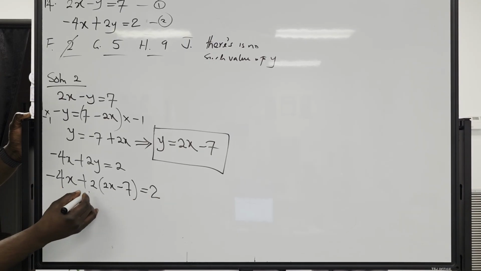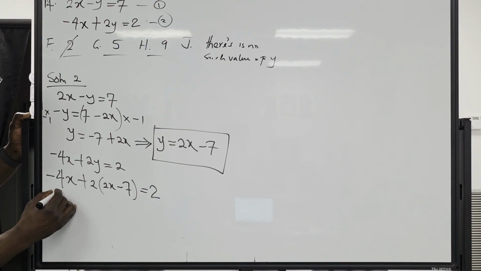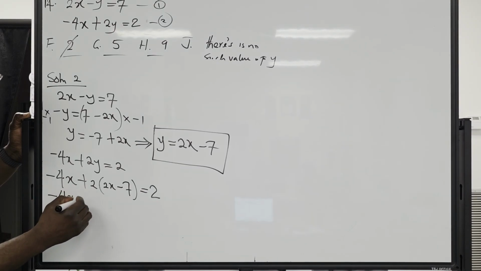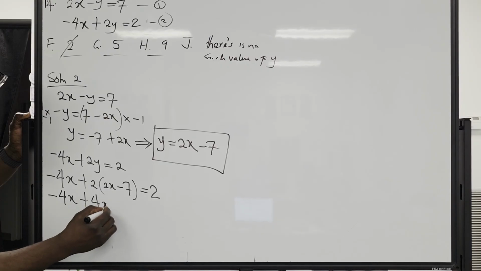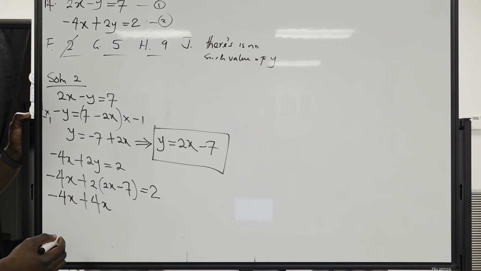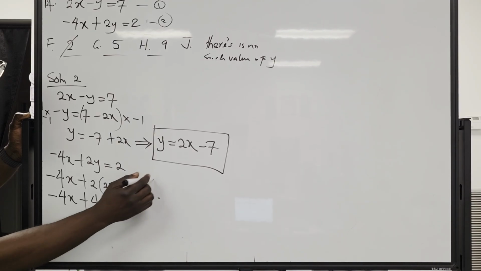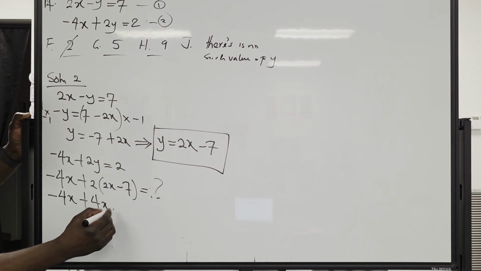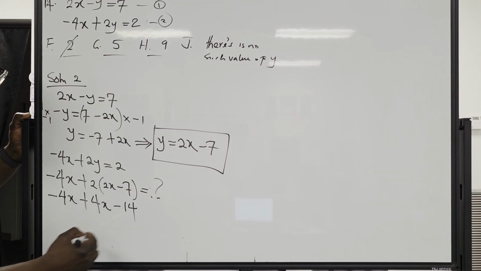So you have minus 4x plus 2. Let's expand the bracket. Minus 4x plus 2 times 2x is 4x. 2 times minus 7 should give us minus 14. So you have minus 14.